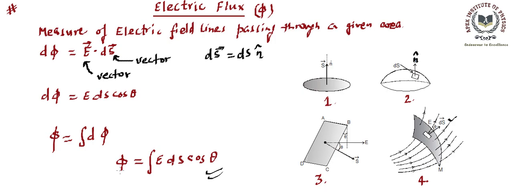Now phi definitely is going to be a scalar quantity. That is obvious from this dot product, because we know the dot product of two vectors always yields a scalar quantity. So it's a scalar quantity. Now flux can be positive, flux can be negative. When the flux is positive, that means we say field lines are coming outwards from that surface. So field lines are coming outwards, or flux is coming out.